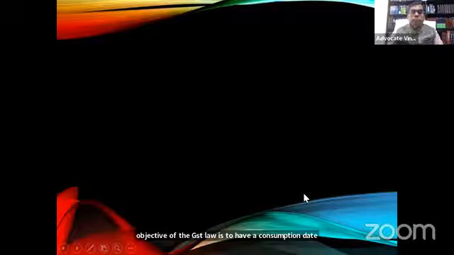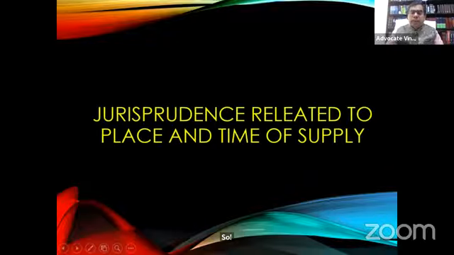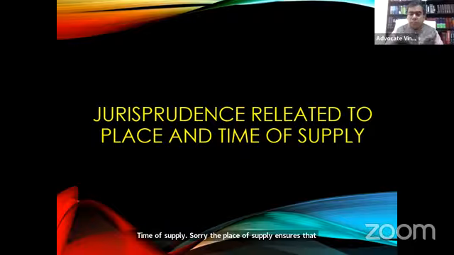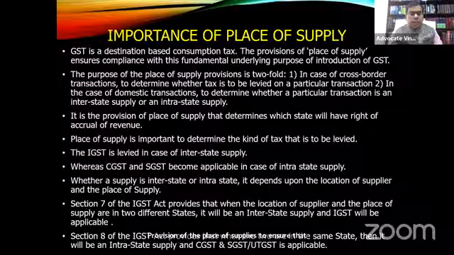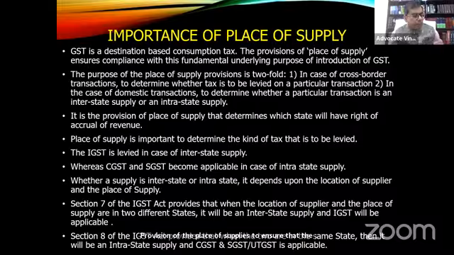So the place of supply ensures that the tax is levied at a place where the goods are actually consumed. So the objective or the purpose of the provision of the place of supply is to ensure that the tax goes to the destination state. And in case the destination state happens to be outside the country, then the tax is not levied at all.